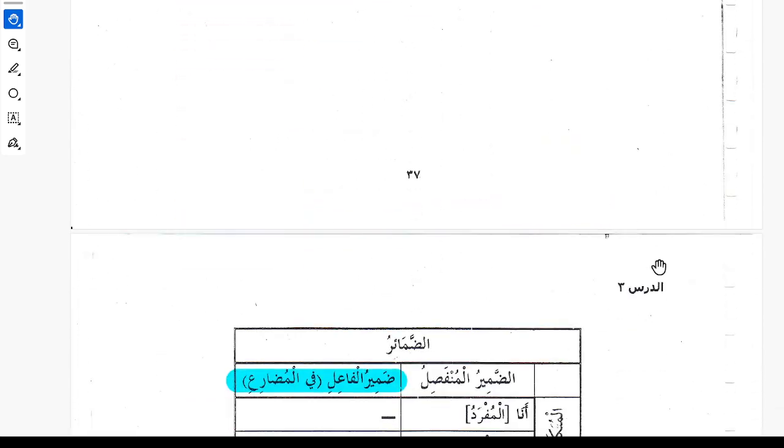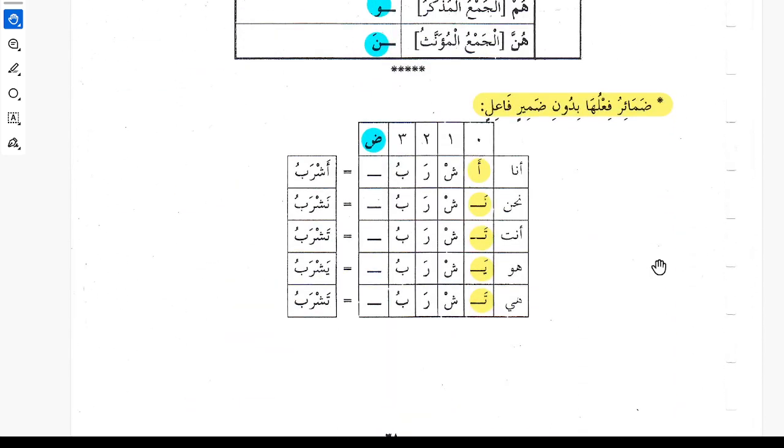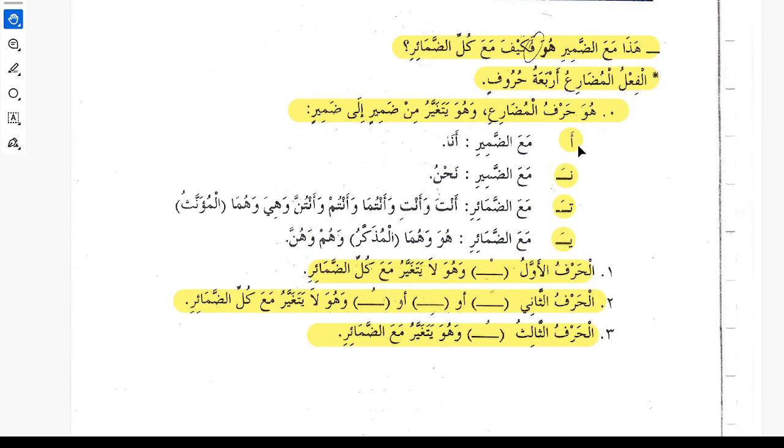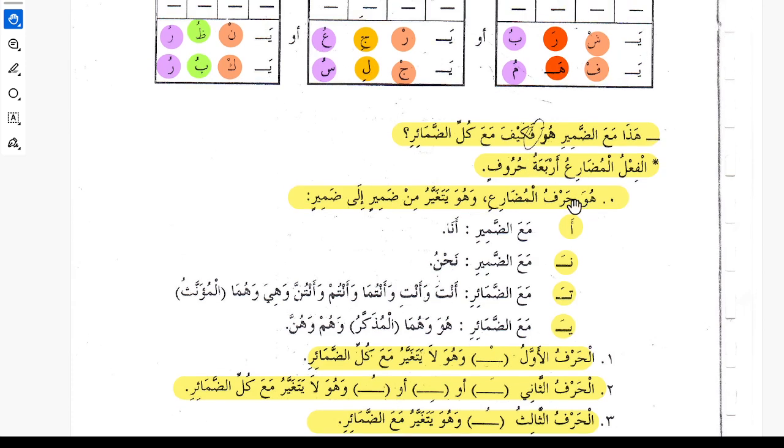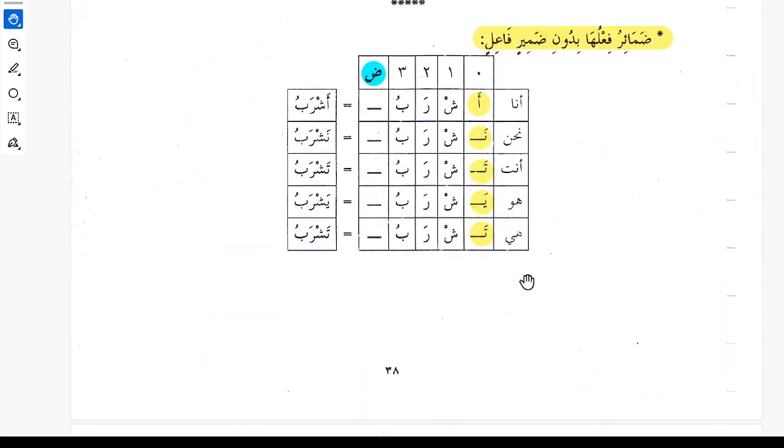Let's look at the example here. For example, here it is saying that with ana, this ya will change to hamza. So that means yashrabu will become ashrabu. For nahnu, yashrabu will become nashrabu. So this is what is mentioned here. For ana, the ya changes to hamza, so it becomes ashrabu.